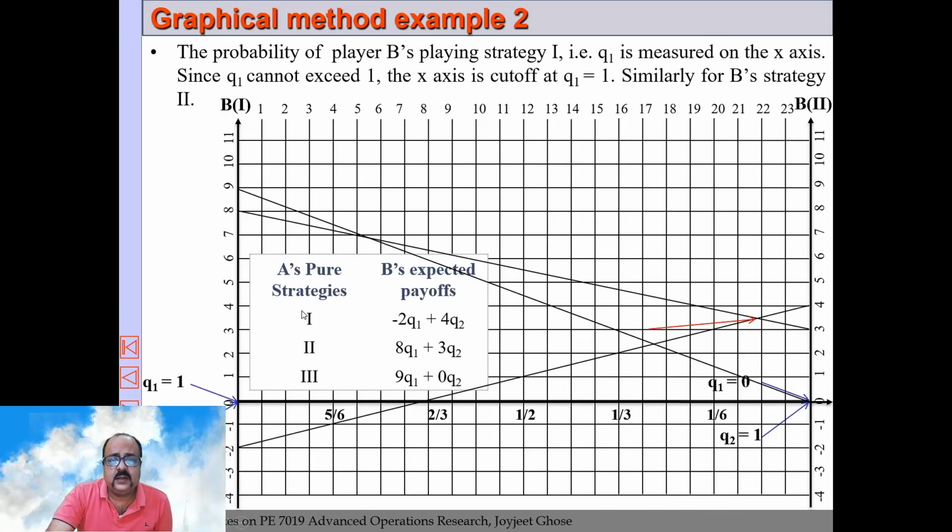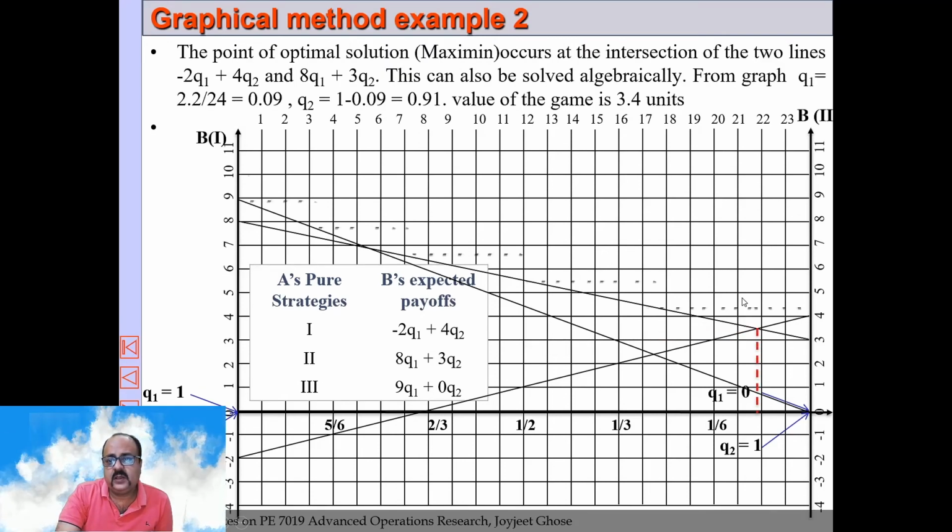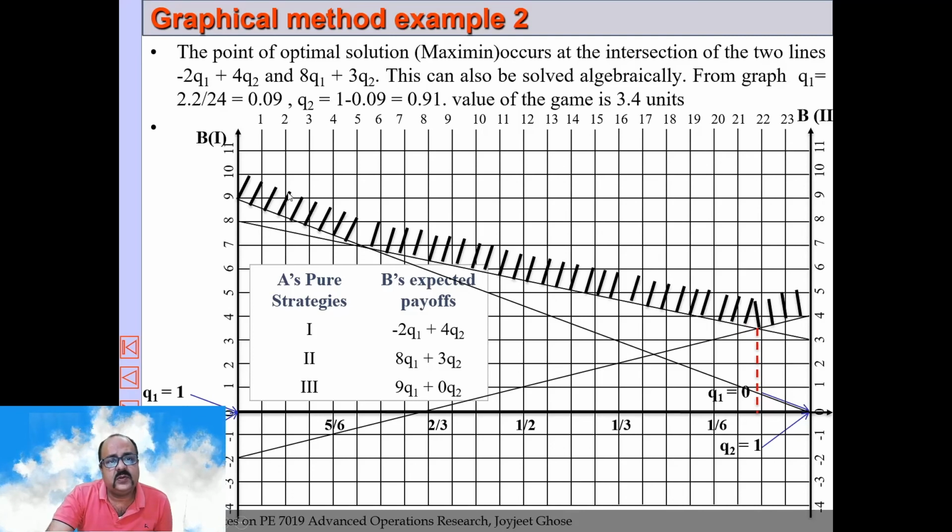So B will play in such a way as to minimize his maximum losses. His maximum losses will be represented by the upper bound of the solution. The minimum of the upper bound is this point. So this is B's minimum loss.